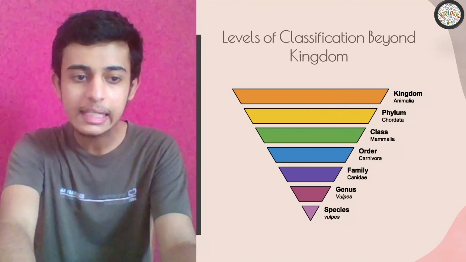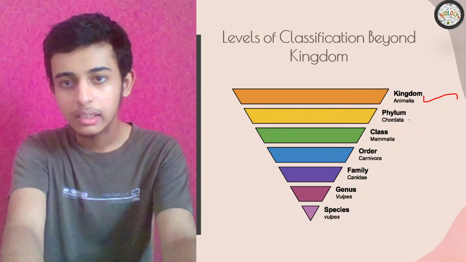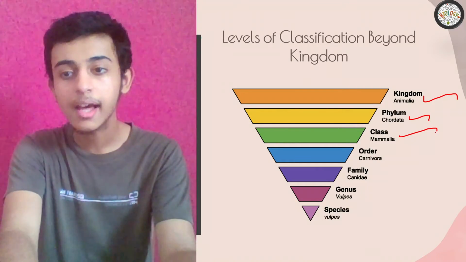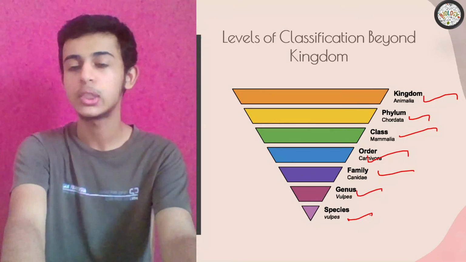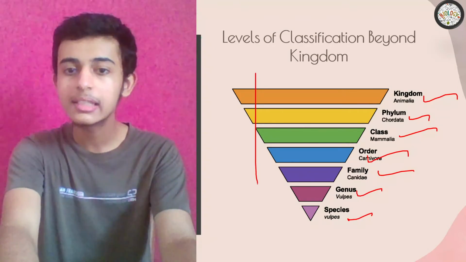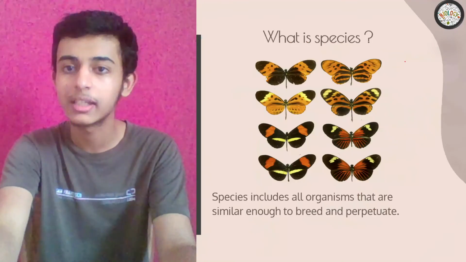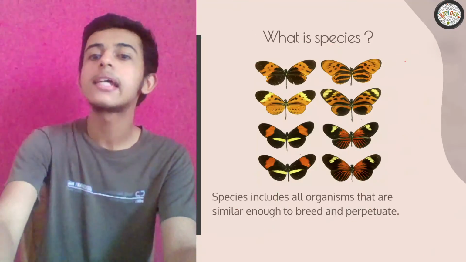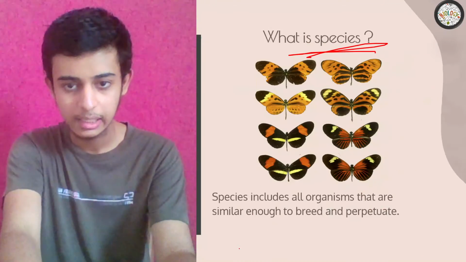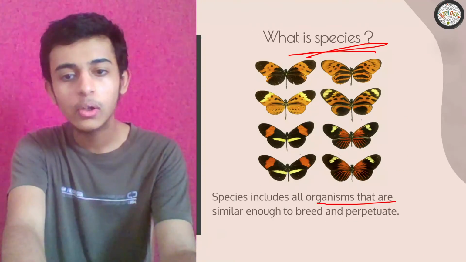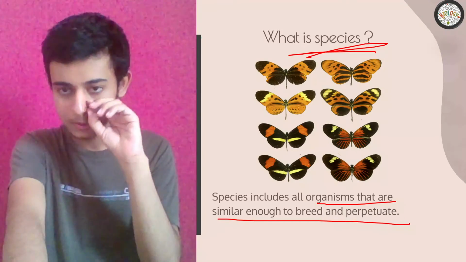So beyond kingdom, see the topmost is kingdom, then phylum, class, order, family, genus and species. So this is the decreasing order of the hierarchy of classification. So let's start with species, the bottommost level. Now, species includes all organisms which are similar enough to breed and perpetuate.